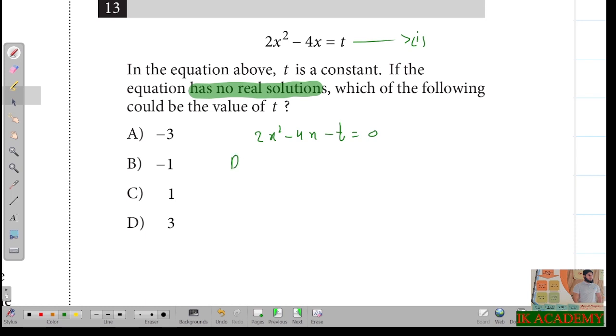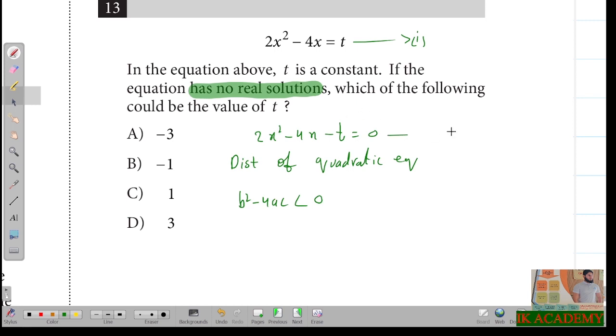So we know the discriminant of a quadratic equation is b square minus 4ac. If it is less than 0, then we can say that the equation has no real solutions.